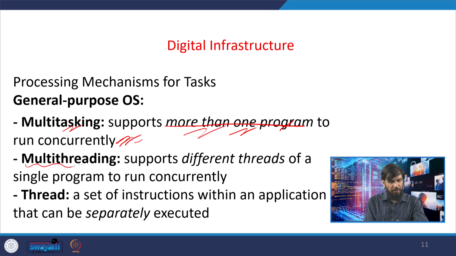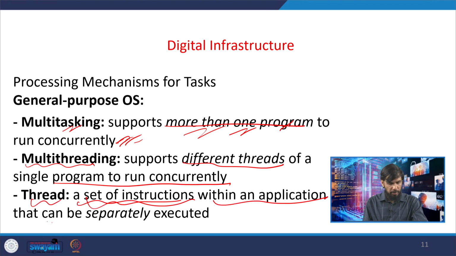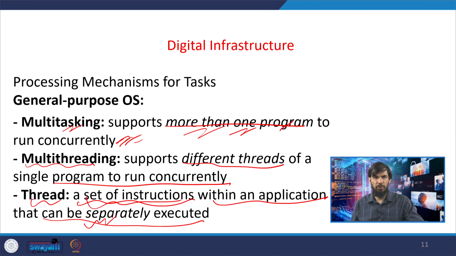Then multi-threading, which supports different threads of a single program running concurrently. Within the same application there might be a certain set of instructions. So what is a thread? A set of instructions within an application that can be separately executed. There can be multiple threads of code within a program or application that can be separately executed, so that parallelization can happen.